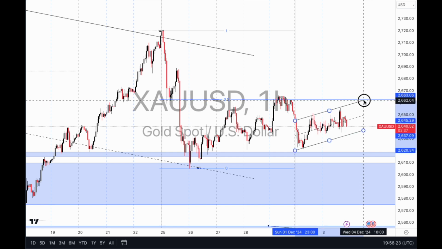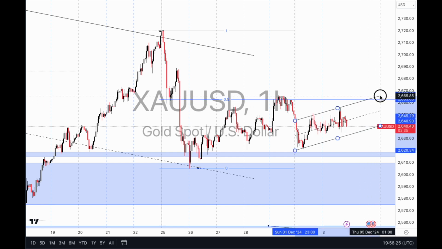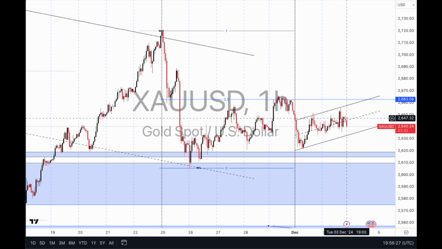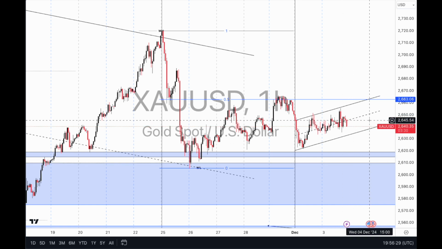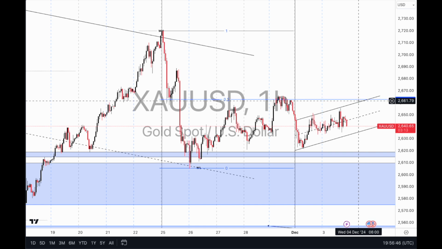So I don't know if price is going to break down from this channel or keep pushing up. Now, if it gets to the 50%, you could take a bit of a risk here with a small stop or a sensible stop, right? And try to catch a sell somewhere above this channel over here.